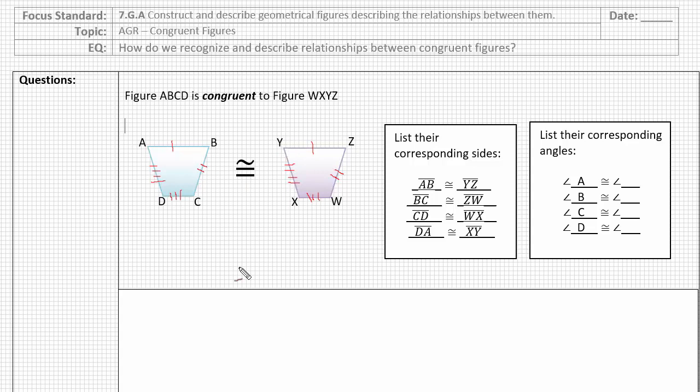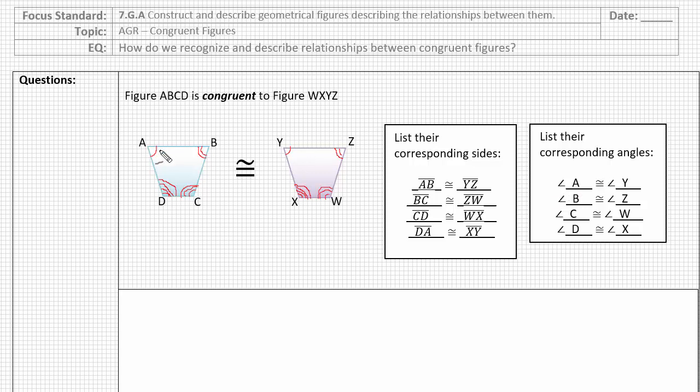So now I've listed out the angles from our first figure, ABCD. Can you list out which angles on figure WXYZ correspond to these angles that are corresponding and congruent? How'd you do?